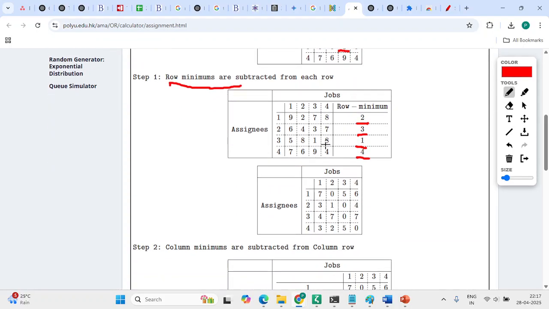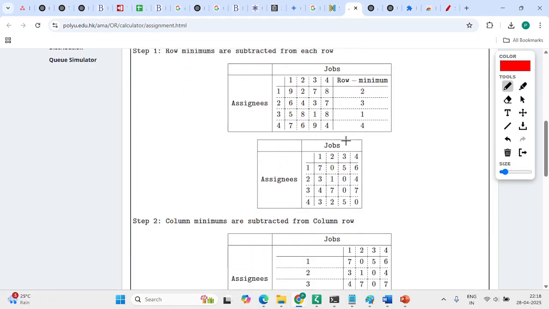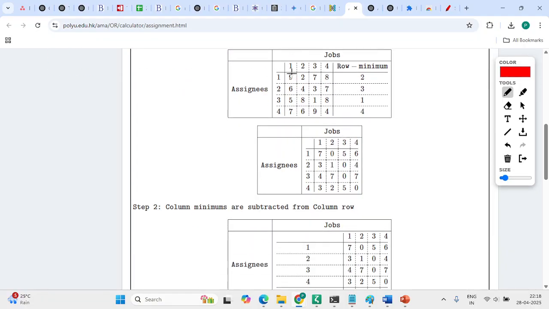So the first step is that this smallest number for each row will be subtracted from each element of that row. For example, this 2 will be subtracted from 9, 2, 7, 8. If you subtract 2 from 9, you will be left with 7.